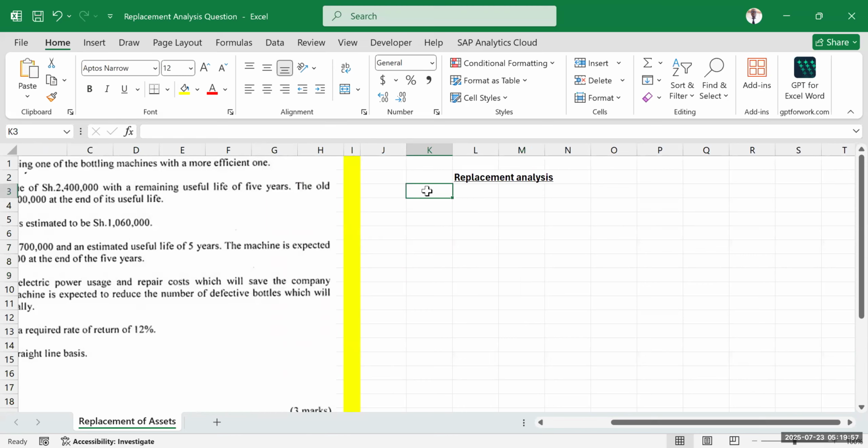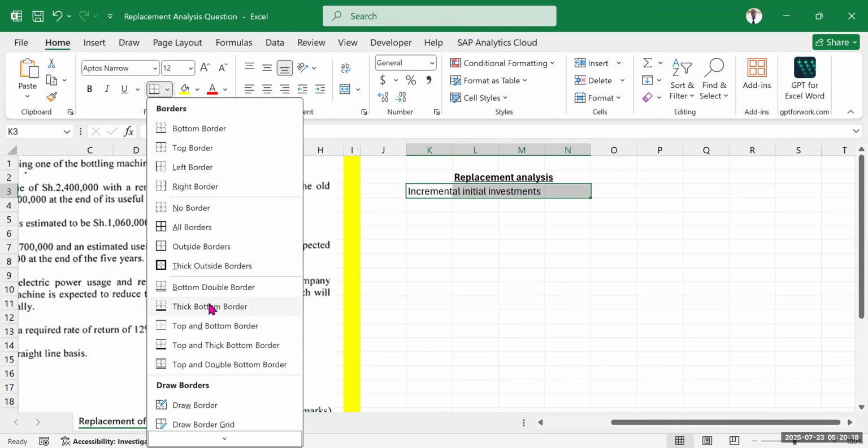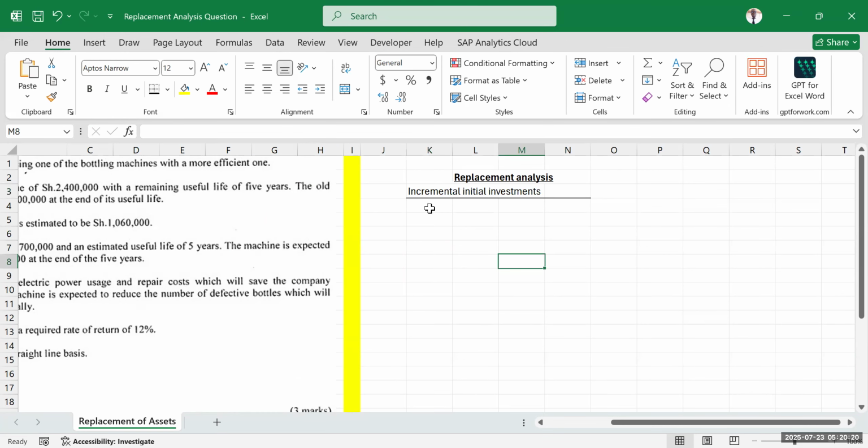One, let us see how to get incremental initial investments. We get it through a very simple concept, and this format always guides so easily. One, let me put this in bold.